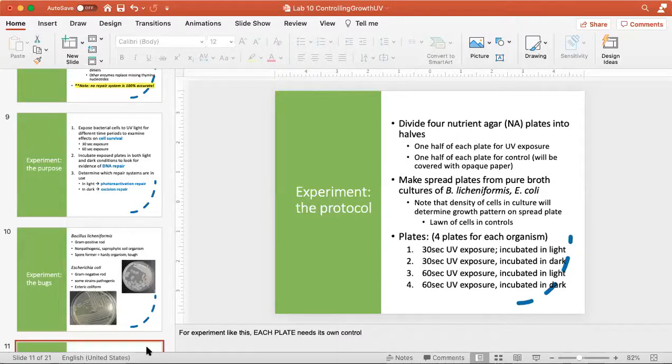We spread the cells out, we expose it to UV, then we put it in the incubator, in the light or in the dark, and we see what can grow. If the cell is alive afterwards, it will grow. If the cell is not alive, it won't grow. And the next day, there'll be an empty place on the plate because nothing grew. Okay? All right. So 4 plates for each organism.